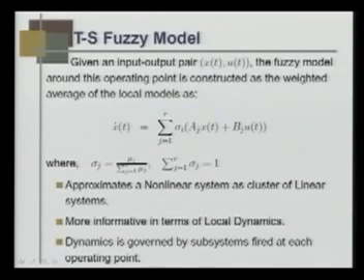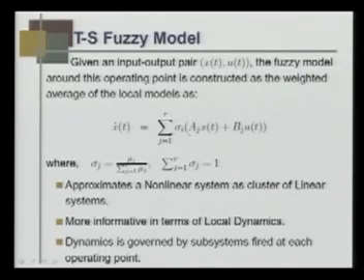Given an input output pair x(t), u(t), the fuzzy variable around this operating point is constructed as the weighted average of the local models as x dot(t) equal to summation j equal to 1 to r sigma j (Aj x(t) plus Bj u(t)).